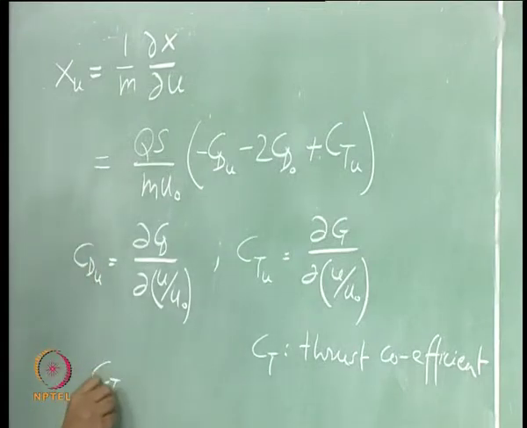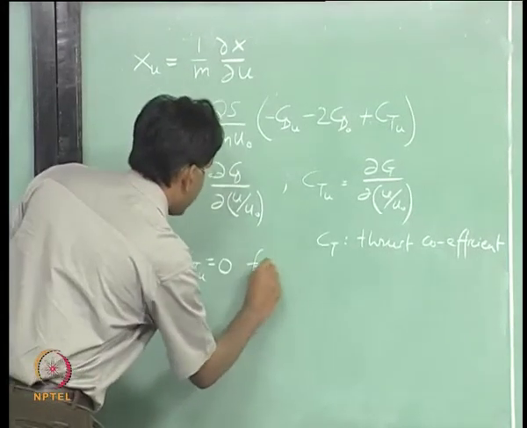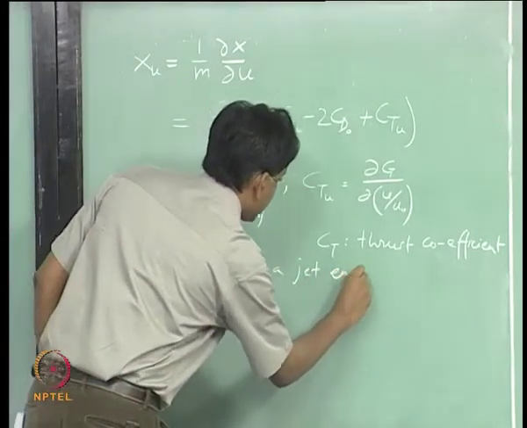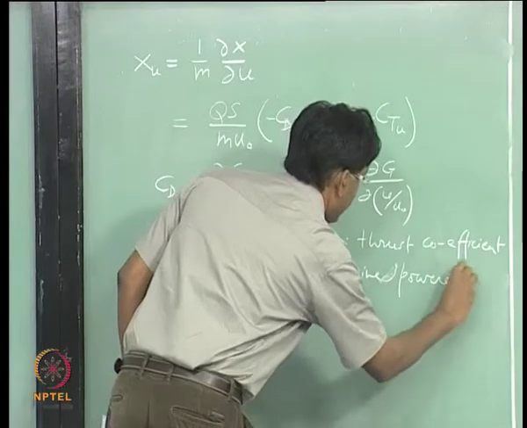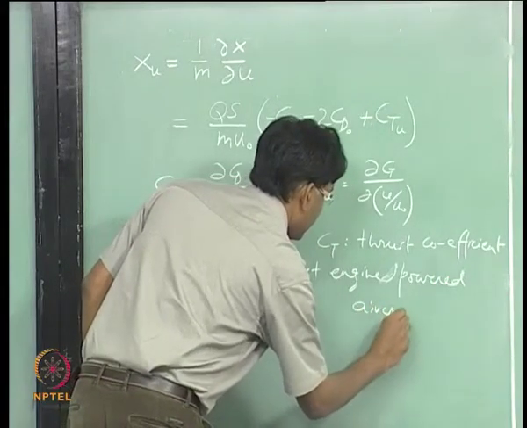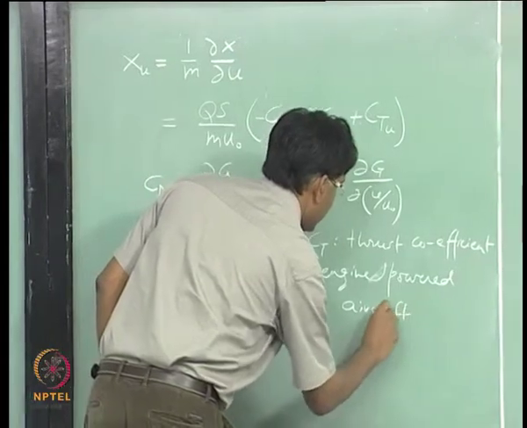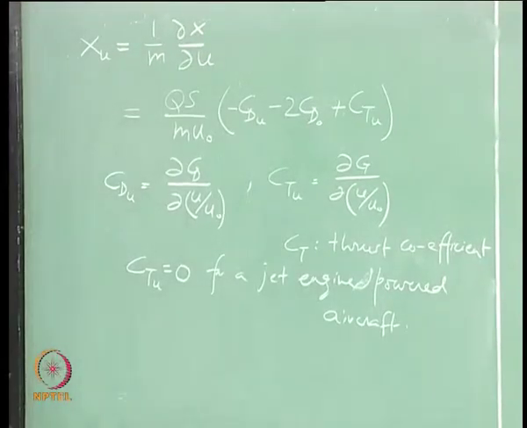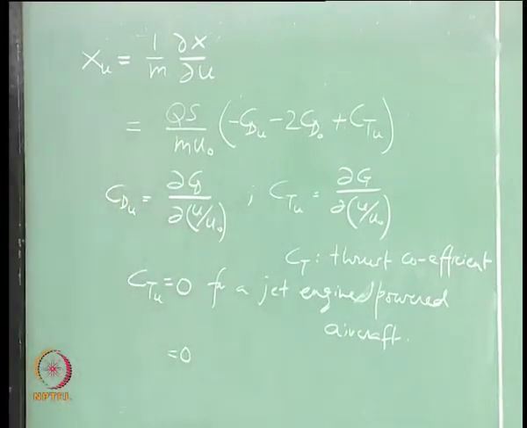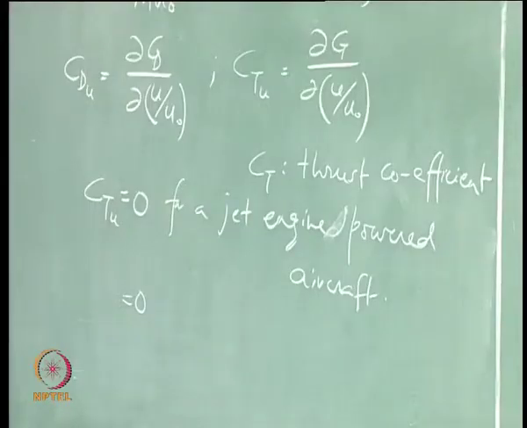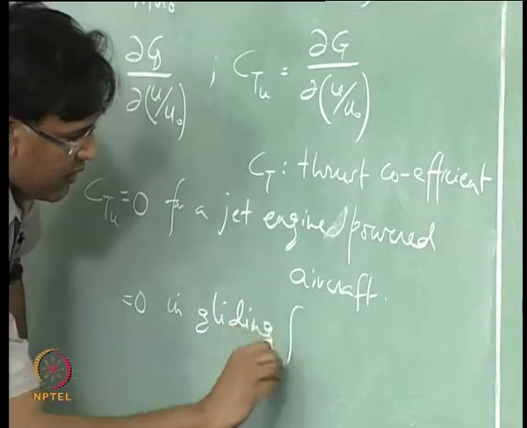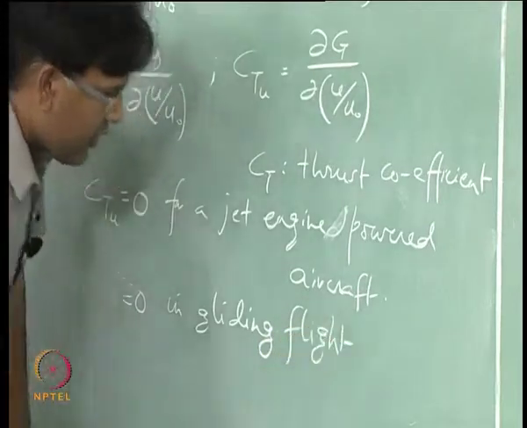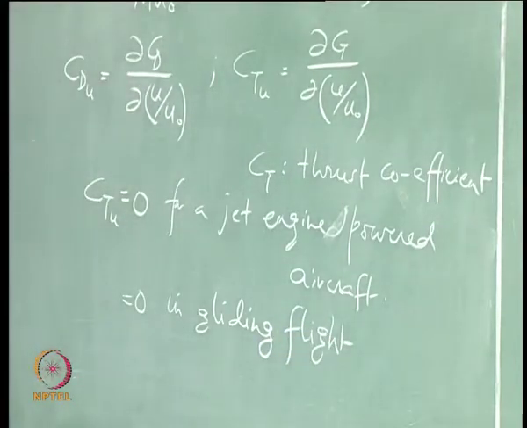So, CTu is actually 0 for jet engines, and it is also 0 in gliding flight, right.